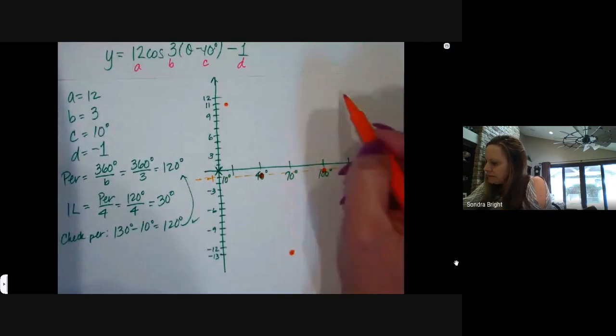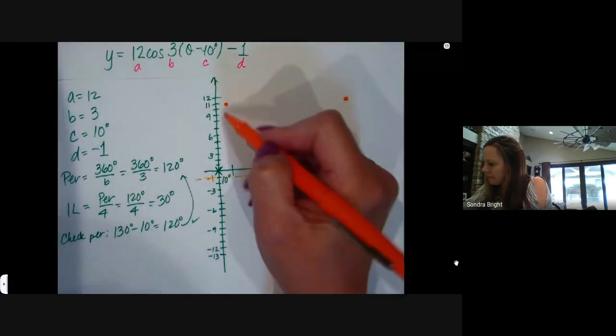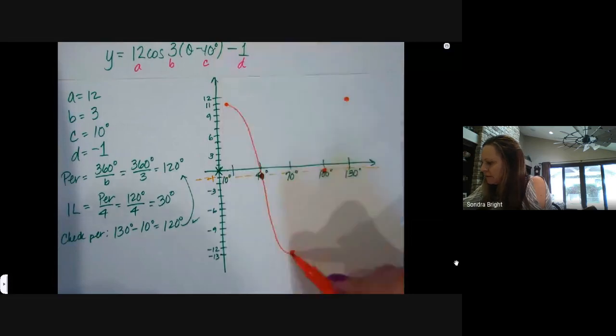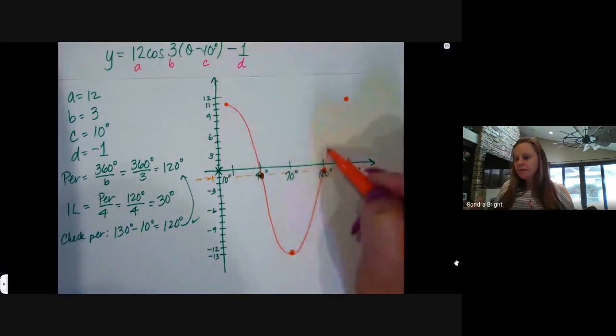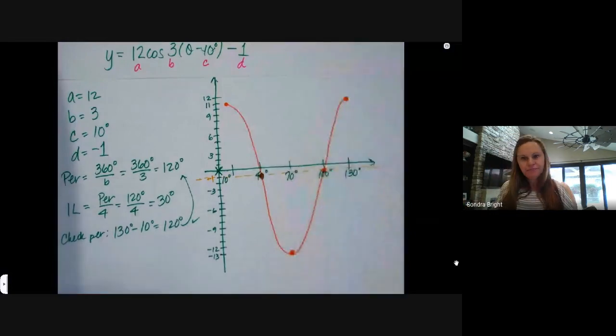So here's my graph of 1 period of this cosine graph. All right. Now, technically, it keeps on going in both directions, right?